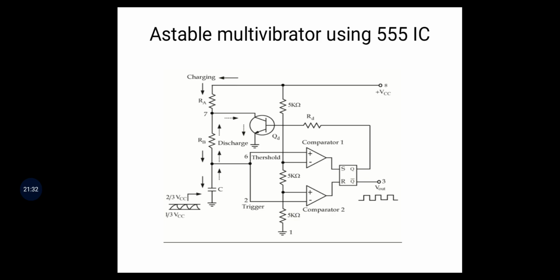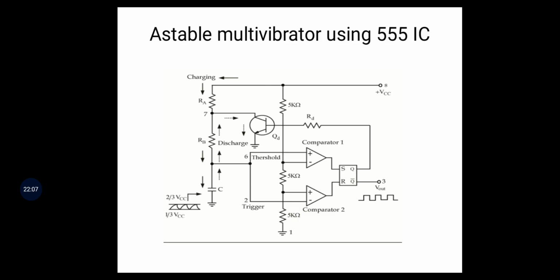So what is the working principle of the astable multivibrator? When the flip-flop is set, Q is high, which drives the transistor QD in saturation, and the capacitor gets discharged. Now the capacitor voltage is nothing but the trigger voltage.